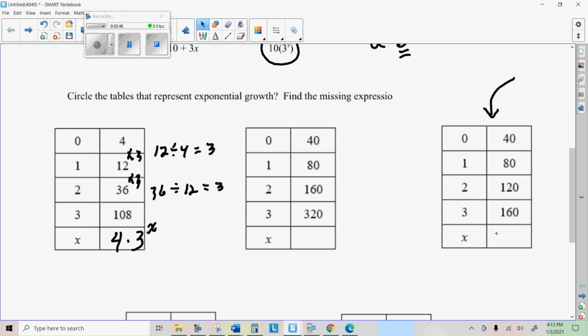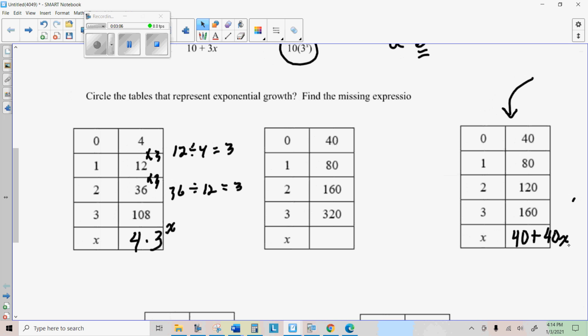The way you write an expression for adding is you do whatever you start with. This would be 40 plus, and then whatever you're adding every time, which in this case is 40, and then it's times x. It's not x power. Okay, so that's a linear expression. All right, so go ahead and finish those up.